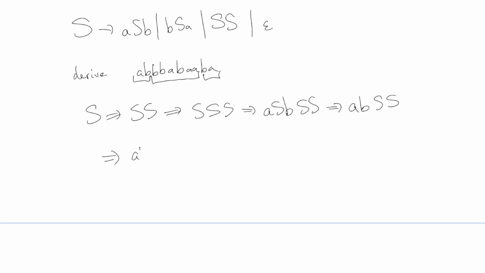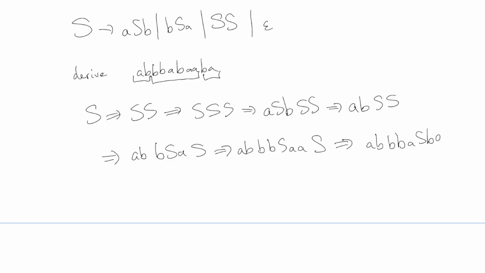So this goes to, I had AB there, BSA, S, and then the B one again, AB, B, BSA, A, S, and then the A one, AB, BBA, S, B, AA, S. I think that's right.